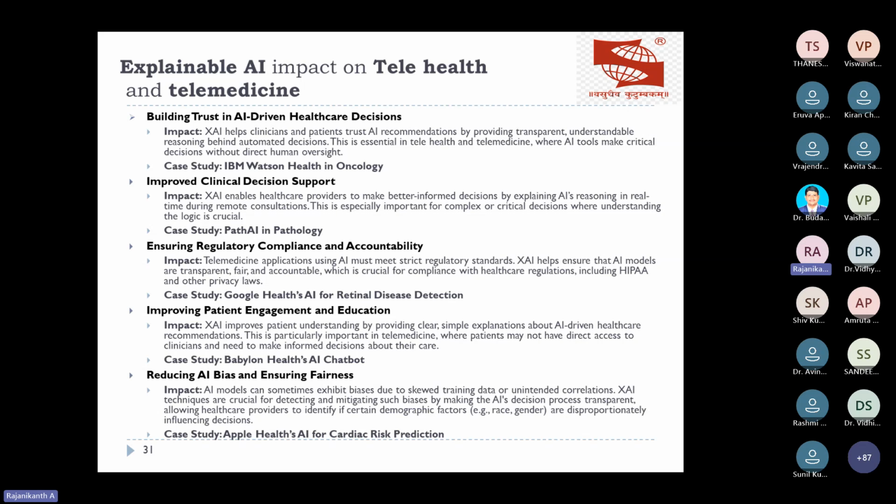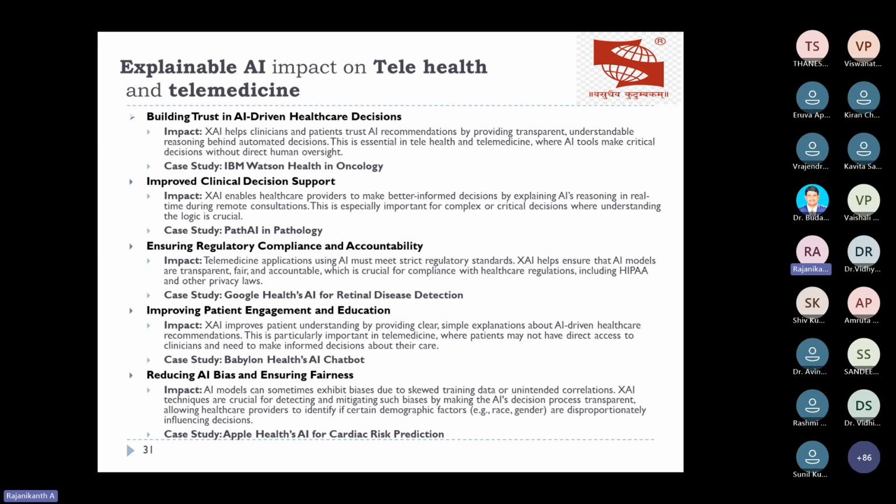This is the impact of explainable AI on telehealth and telemedicine. Once the patient, or the patient's caretakers, get convinced, we actually accept the technology to be used. So IBM Watson Health is one that really helps. Then we have improved clinical decision support. For that, PathAI is a solution that is available, which again uses XAI, majorly in pathology.